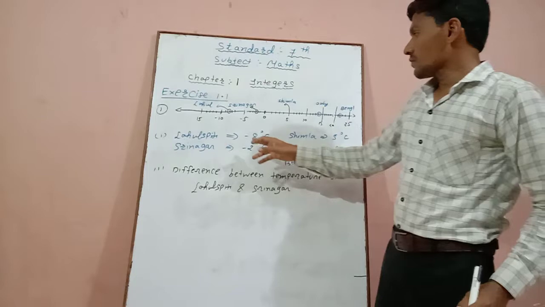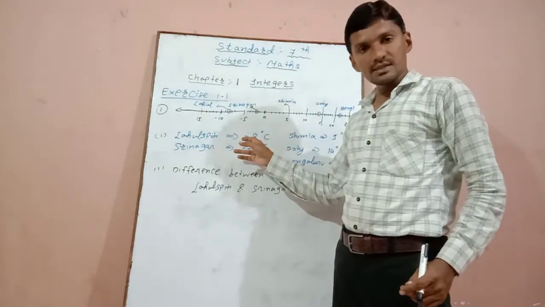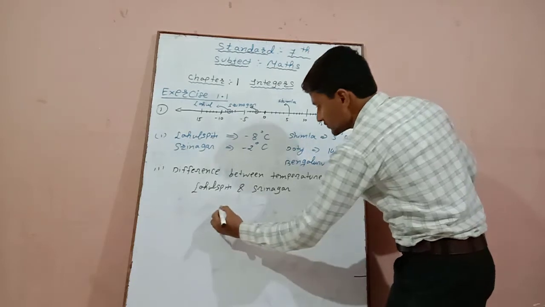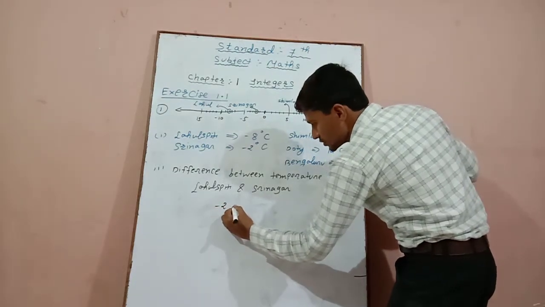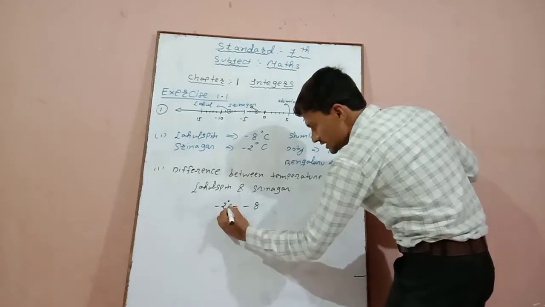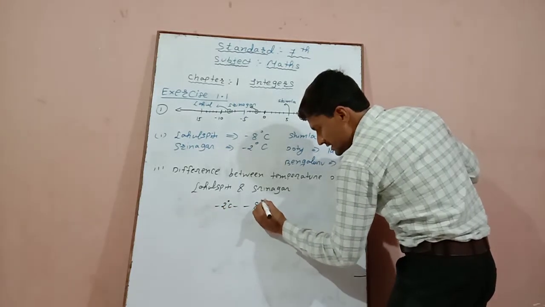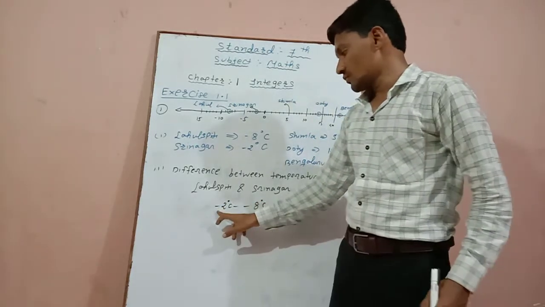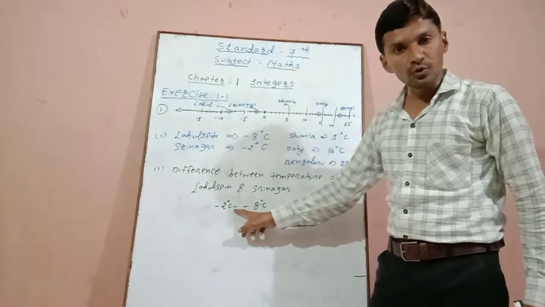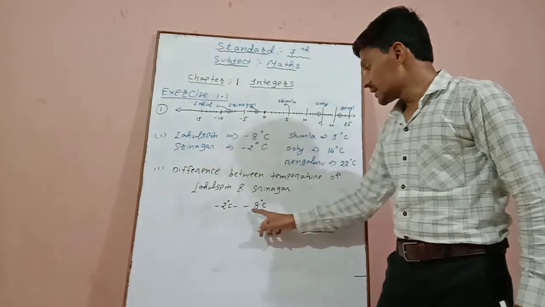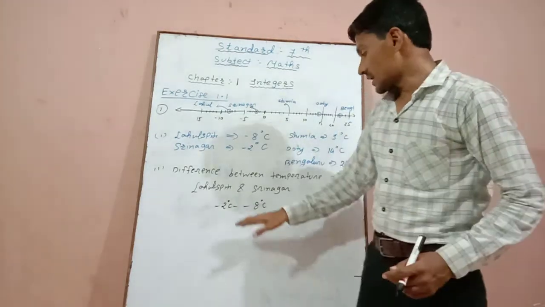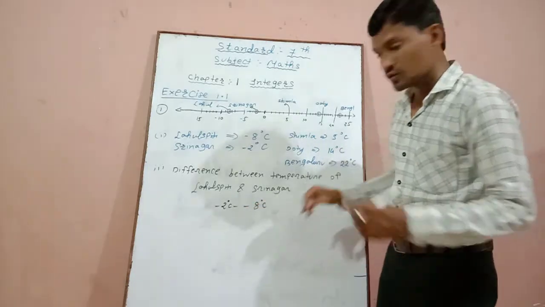So here Lahul Spiti is minus 8 and Srinagar is minus 2. So the difference of these two numbers, minus 2 minus minus 8. Here is 2 degree and here is 8 degree. So first of all minus 2, and difference means we have to put a minus sign, and the temperature of Lahul Spiti is minus 8 degree. So by comparing, minus minus is equal to plus.